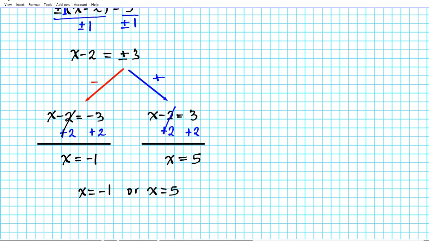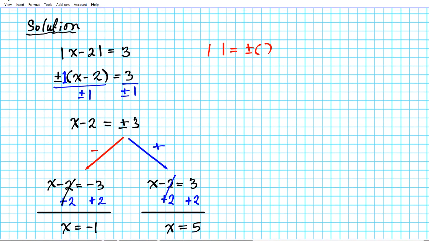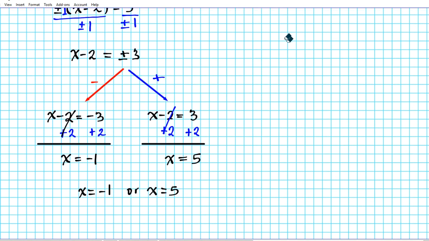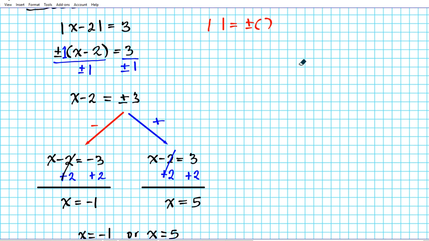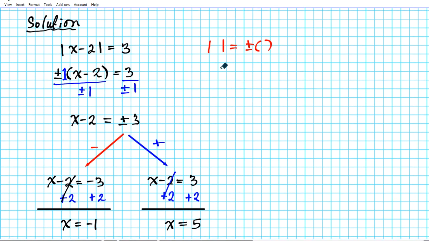Okay, let's go ahead and graph the solution. We have successfully solved it. So now the next part is the graphing part. So we just have two numbers on the number line. That's the solution to the absolute value equation. So all we're going to do is graph negative 1 and 5.